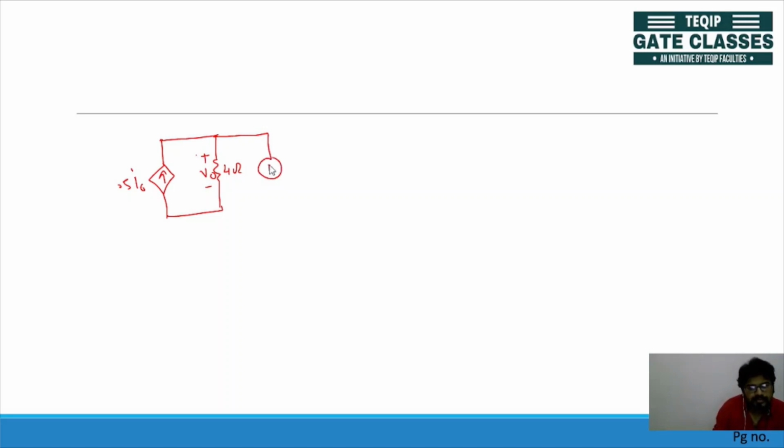Here is the current source, that is 3 ampere, and the current in this branch is I0. Now we have to find I0 and V0.